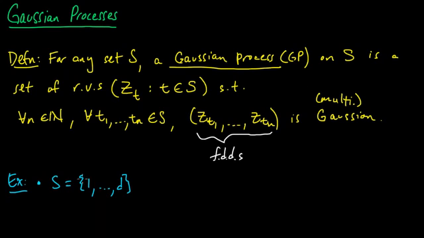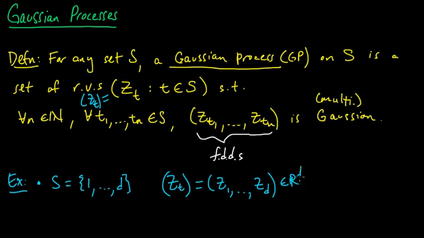We can take S to just be the integers 1 through d, and then we can take this collection of random variables, which I'll often abbreviate by just (Z_t) in parentheses, rather than write this all out. This is then just the vector Z_1 up to Z_d, a random vector in R^d.